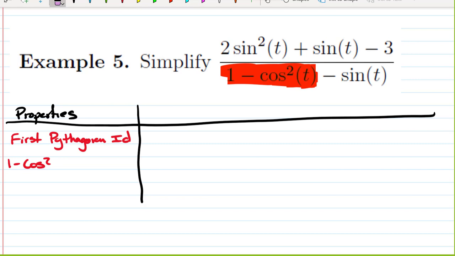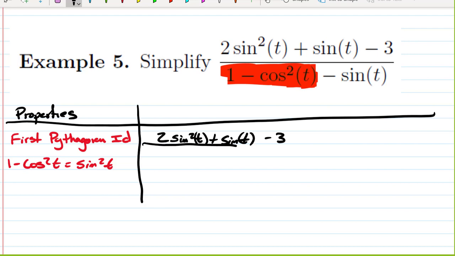So we're going to use this in the form that 1 minus cosine squared theta, or in this case t, is equal to sine squared t. In doing so, we then have 2 sine squared t plus sine t minus 3 all over sine squared t minus sine t.